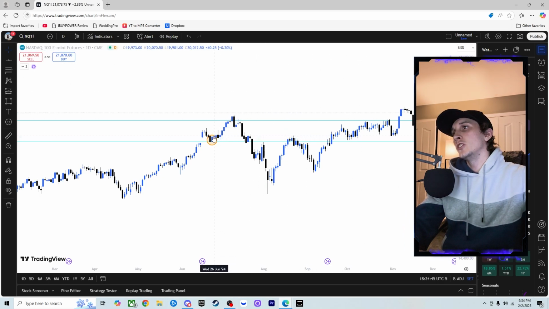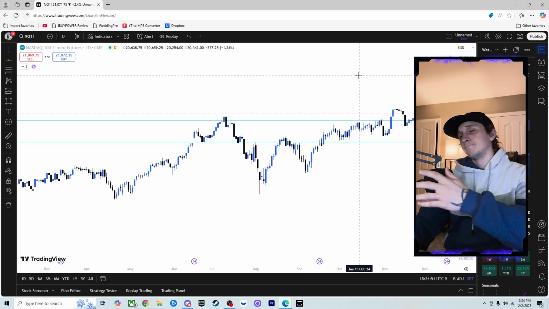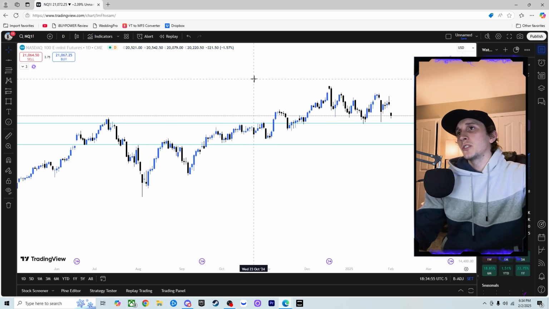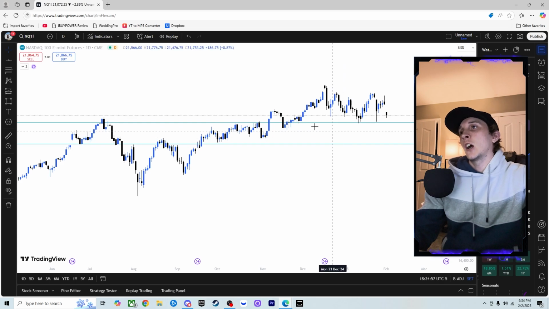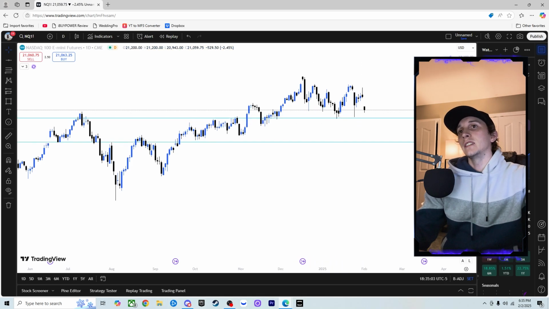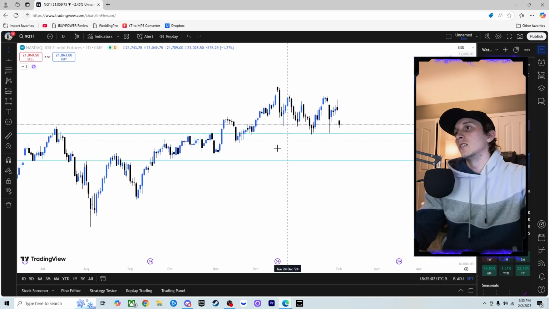Now, it's important to know these levels, especially ones that are a little further back, because we want to keep an eye on exactly what happened in the past, where these past levels are at, etc. Now, when we start to get into an area like we're at right now, we're not necessarily focused on what happened back here, we are focused on the now, or the relative past, if you will.